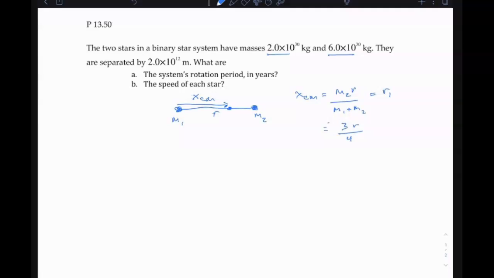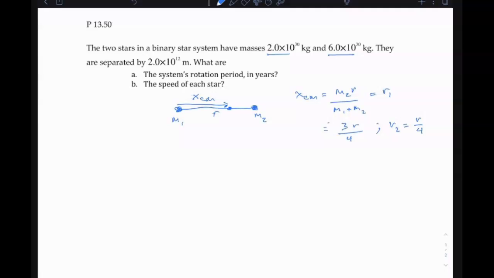That's the location of the center mass with respect to mass 1. And then we can see trivially that r2 is equal to the remaining distance, r over 4. So now we know the relative distance each mass is from the location of the center mass.